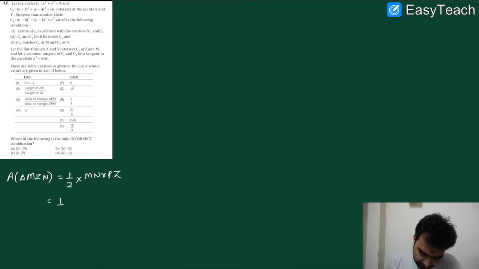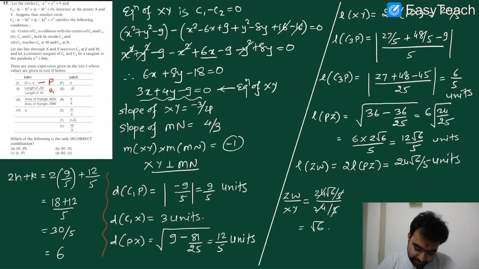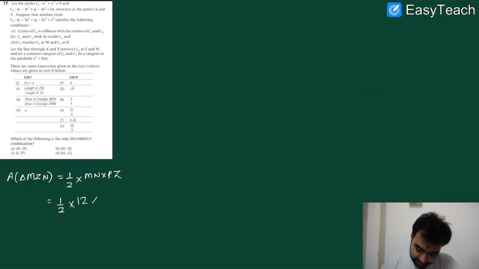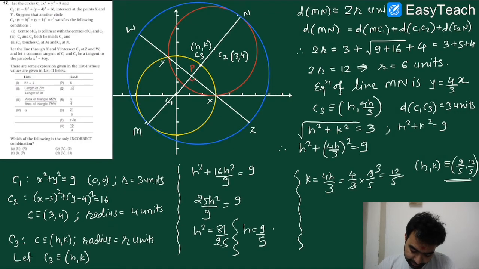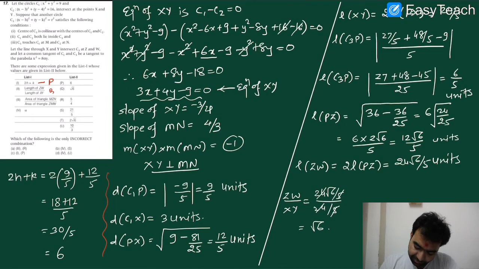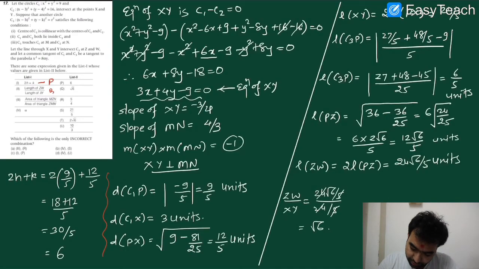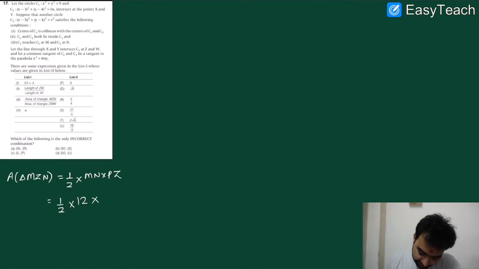Now MN is the diameter of the bigger circle, that we know is 12. And PZ, just now we calculated that the value of PZ is 12 root 6 by 5, correct? So it will be 72 root 6 by 5 square units.